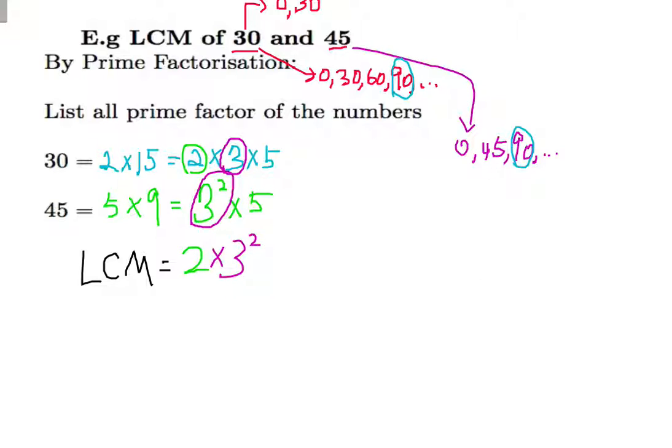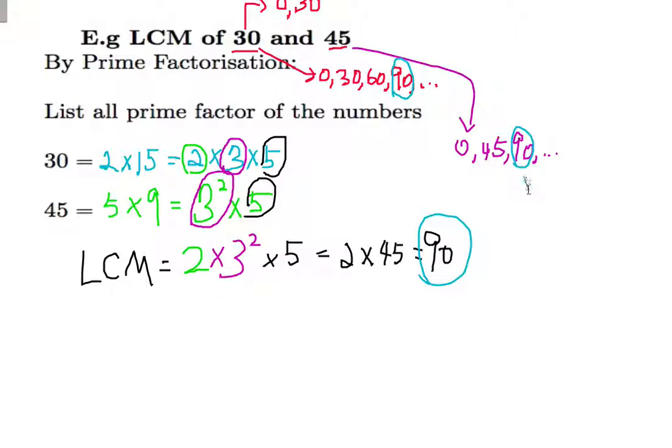As for 5, it only occurred once, so we pick 5. If you multiply it, it's 2 times 9 times 5, which is 90. So the answer is 90, the same as the list.